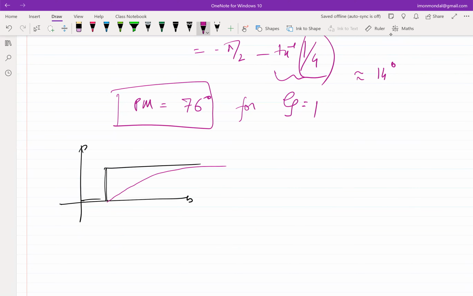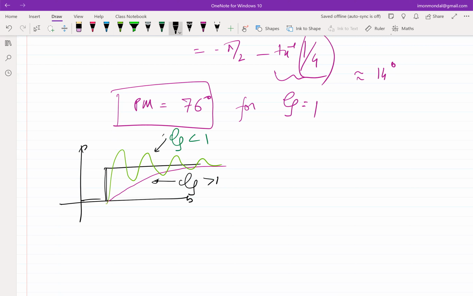So either it will be slow, or if you want to make it very fast, it will go something like this. So this is over damped, which is zeta greater than 1. And this is under damped for zeta less than 1.